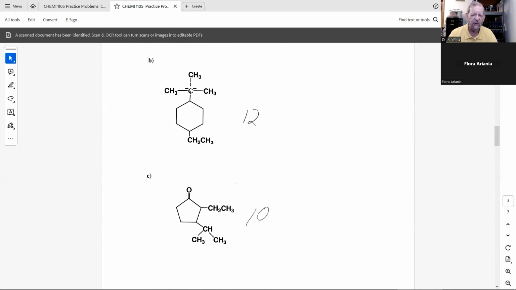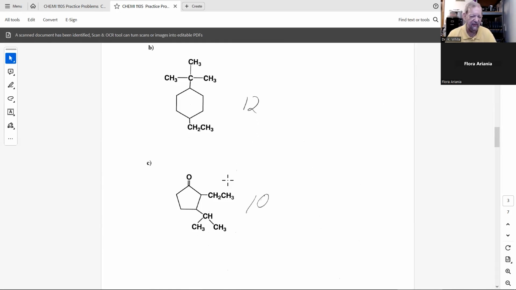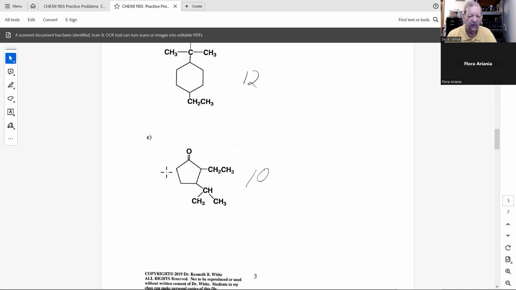Outside the ring, we have 7, 8, 9, 10, and down here 2 more, 11, 12, and that's 12 carbon atoms. If we look at C, we have a ring with 5 carbons, 1, 2, 3, 4, 5, and outside the ring, 6, 7, and 3 more, 1, 2, 3, make 10. And that's the skill you should have.